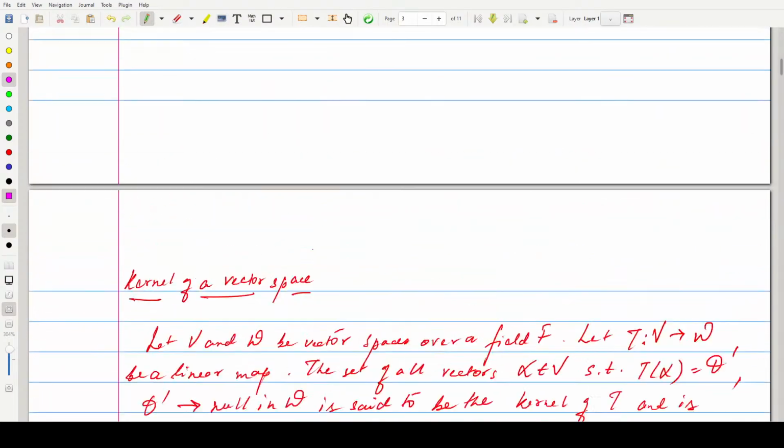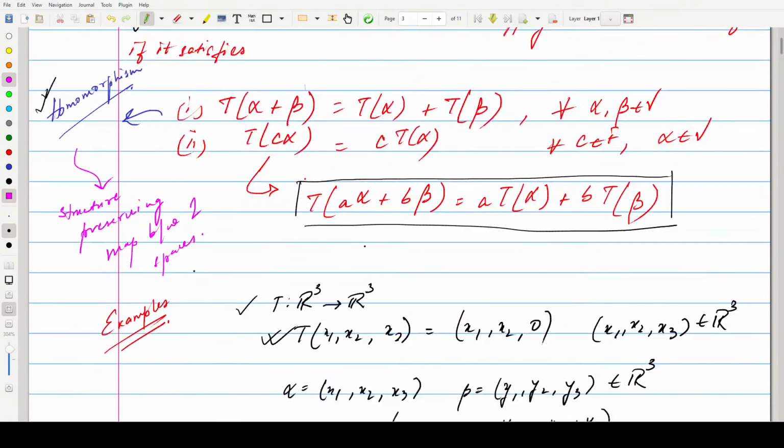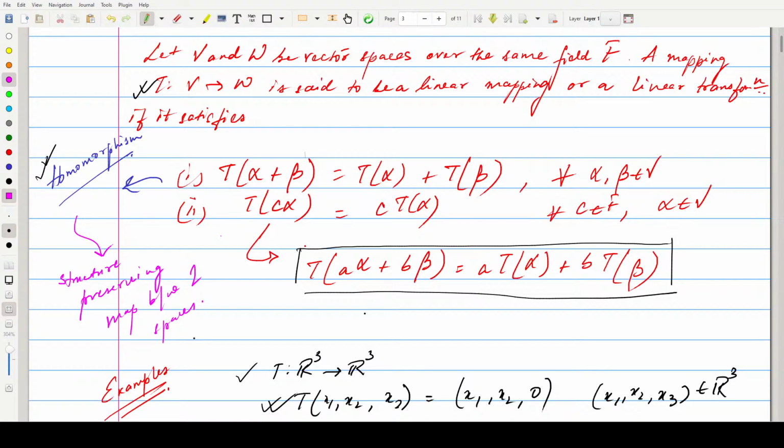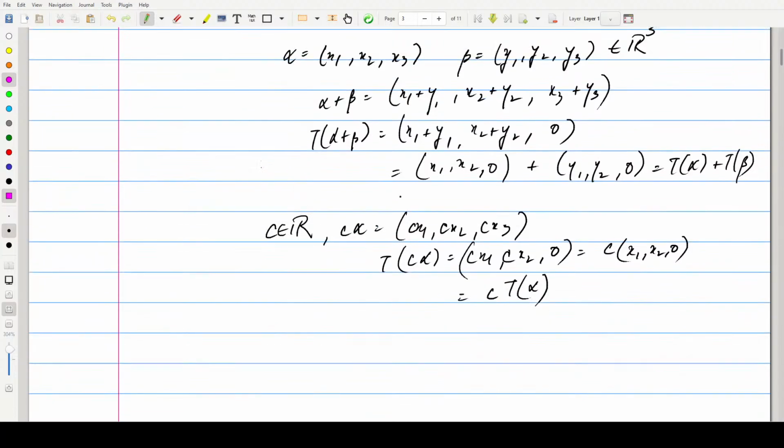That is why I term this a homomorphism: the structure, which is basically the angles between the basis vectors, shall be the same. Okay, thank you.